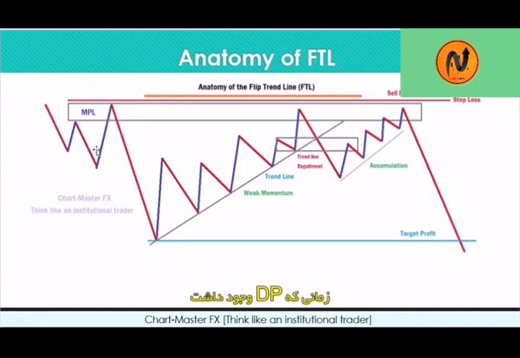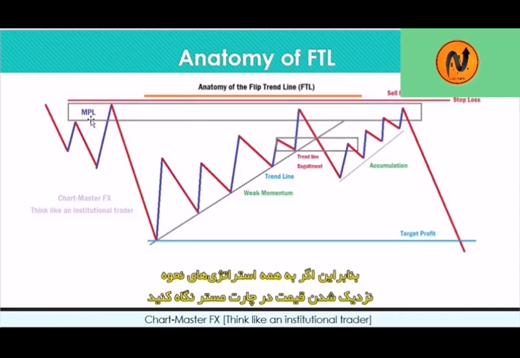Once we have this strong decision point, then we wait for an approach, which is what we call price approaching. You need to wait for an approach. The price should approach this decision point in a certain manner that can convince us that the price is going to respect that MPL.